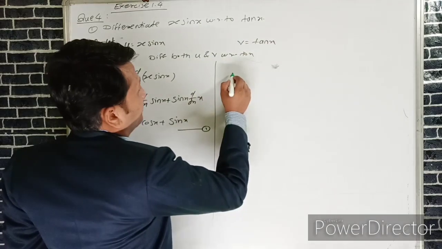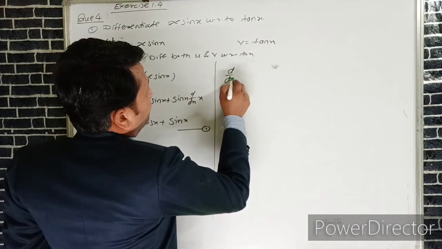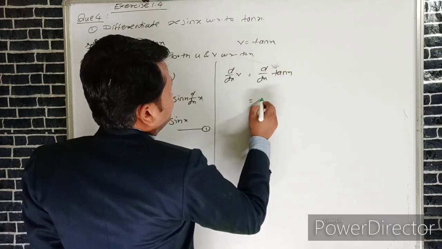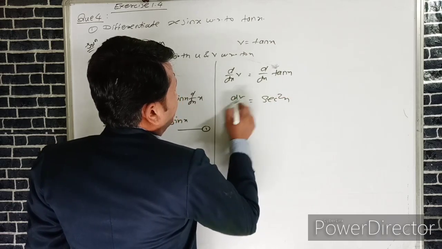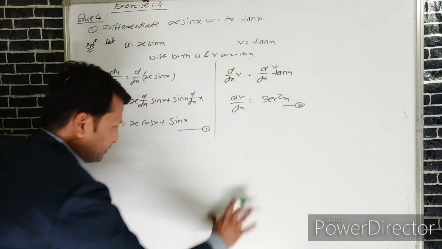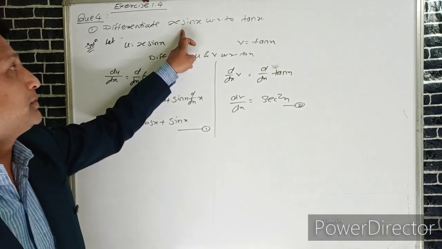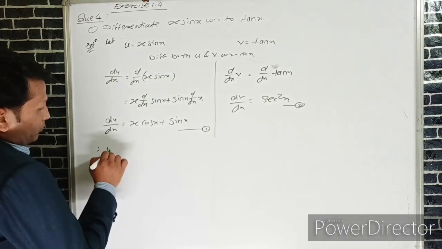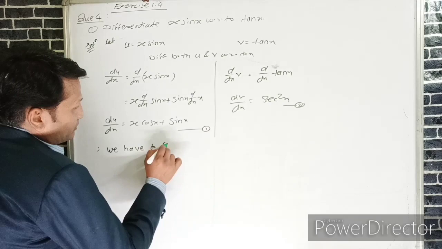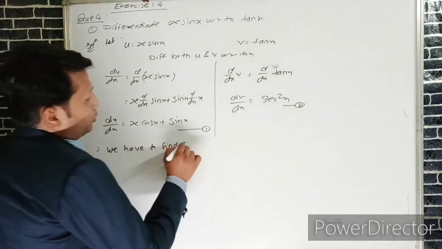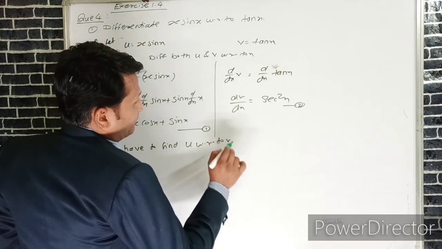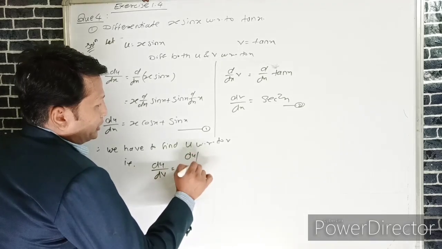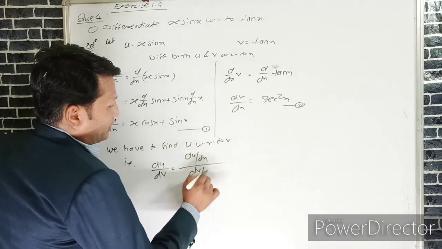Here again we take v. The derivative of v with respect to x is the derivative of tan x, and the derivative of tan x is sec square x, which is dv upon dx, equation number 2. We have to differentiate the first function with respect to tan x. Therefore, we have to find u with respect to v, that is du upon dv is equal to du by dx upon dv upon dx.